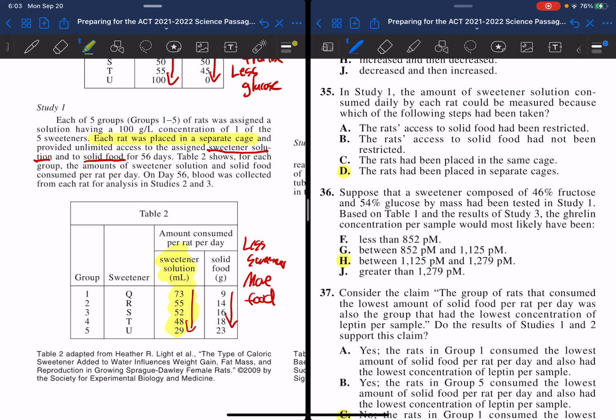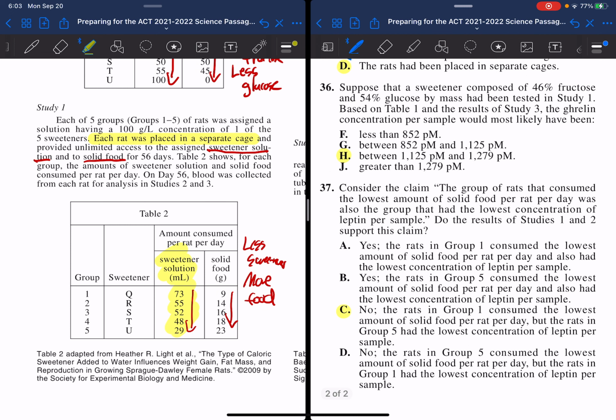That's how they were able to measure how much each rat has taken, because they were not put in the same cage. They did not restrict their access to solid food. Now, while letter B is correct, it doesn't indicate how you can measure. Just because you have an all-you-can-eat buffet doesn't mean that you can measure how much someone eats. But if you give everyone their own individual buffet, then it's easy. That's how you know.